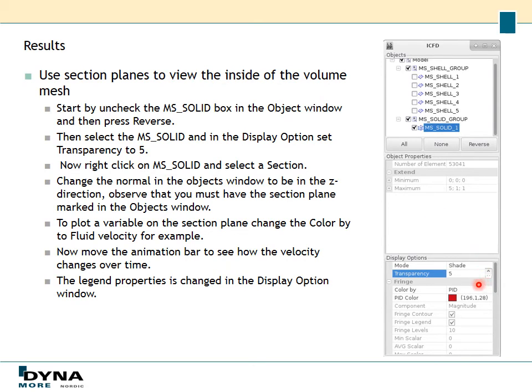And to plot a variable, change color by to, for example, fluid velocity, and then you can see how the fluid velocity develops over time. And here you also control all the legend properties for that section plane.